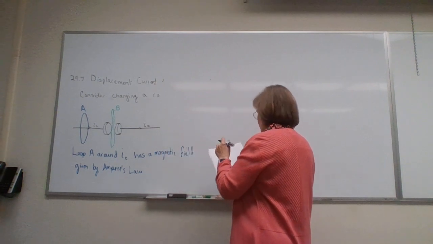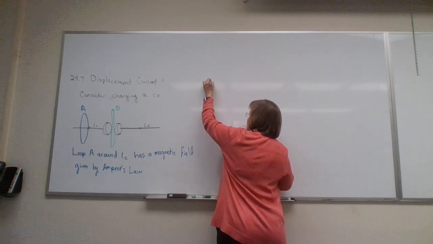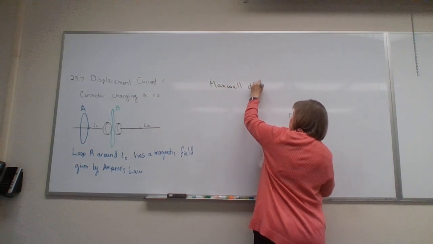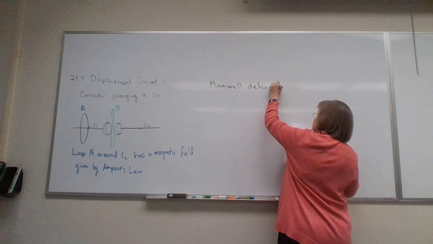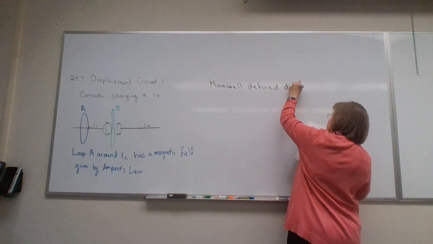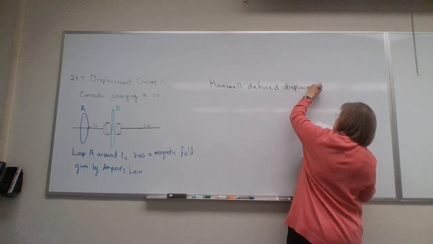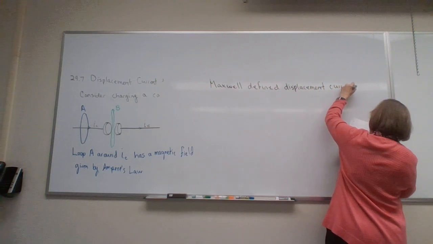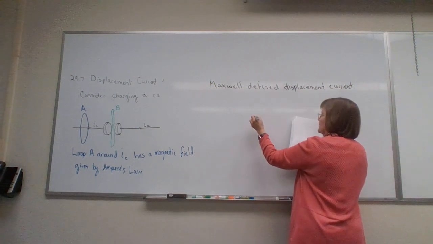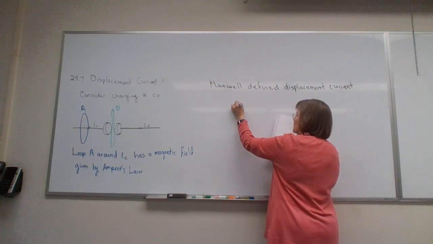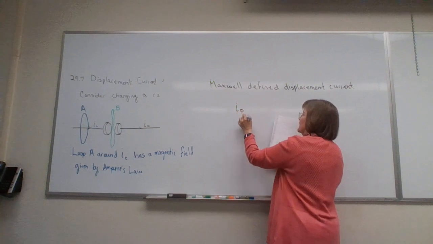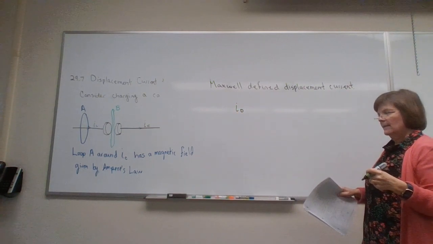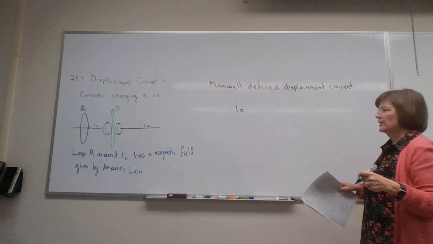So Maxwell defined something called displacement current. The displacement current, which is the lowercase I with a D, is lowercase because all of this only happens when the current is changing, when we're charging.